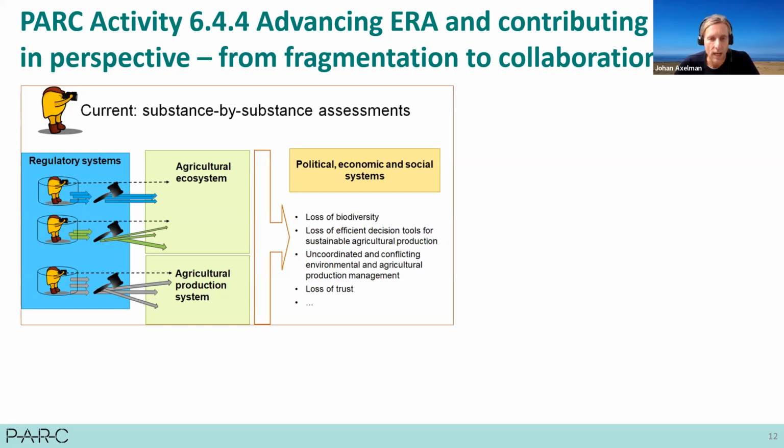And one of these silos that they sit in could be, for example, the authorization of plant protection products, where we not only make decisions separately, but also separate from other regulations affecting the same agricultural ecosystem. So plant protection products and pesticides is a focus area for this activity, but it touches upon more generic questions on collaboration across regulatory silos.